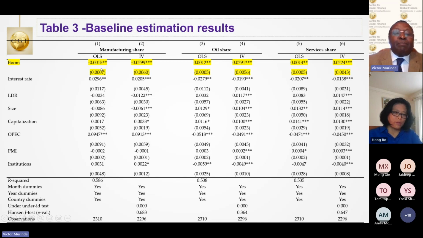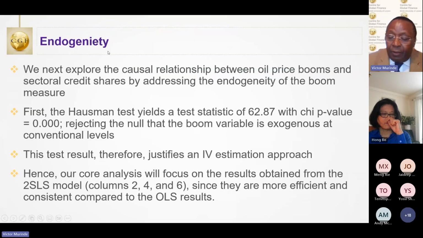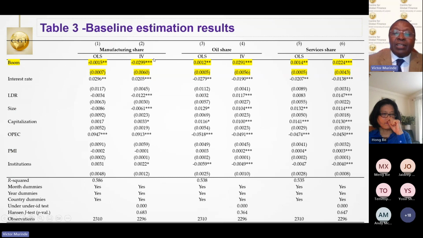We find that basically the boom has a statistically significant and, as hypothesized, negative impact on manufacturing share of credit. So basically, the boom tends to reduce the bank credit share going into the manufacturing sector. However, this is not true of oil and services.